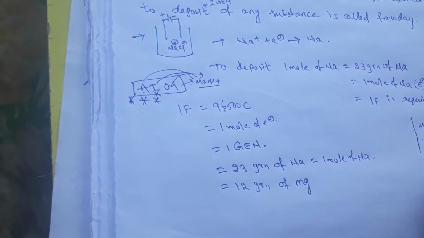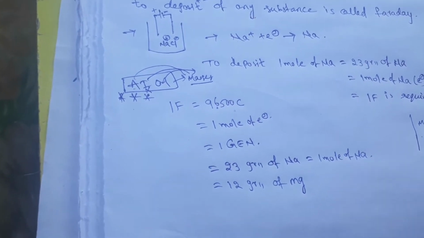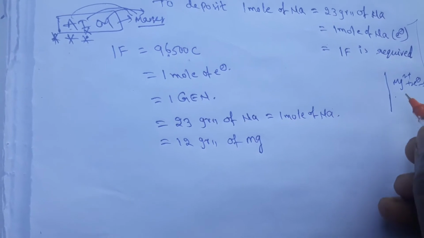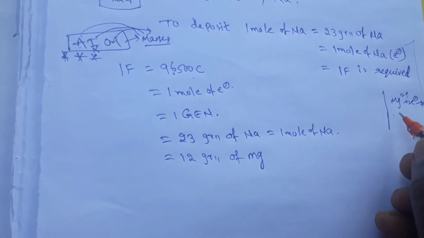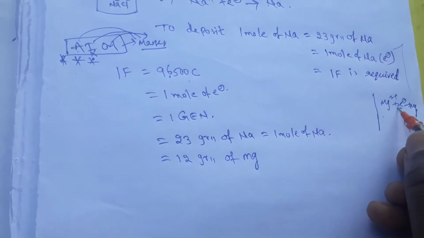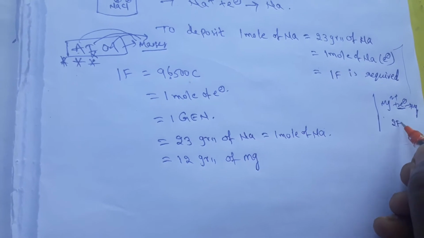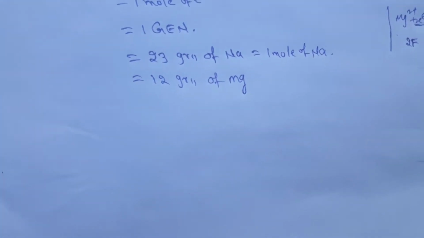That means 1 mole of this should be deposited. So how many moles of magnesium? Magnesium 2 plus plus 2 electrons gives rise to magnesium. So here 1 mole of magnesium is forming, but 2 Faraday current we are using.